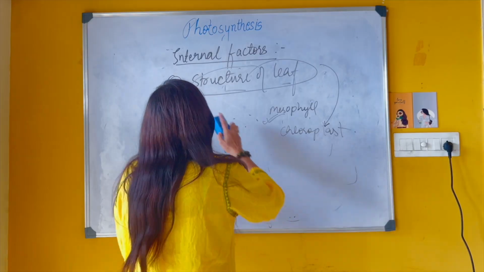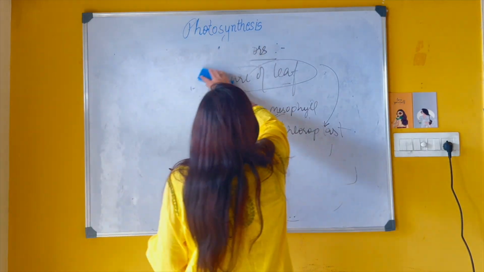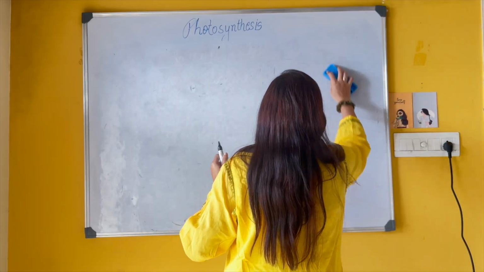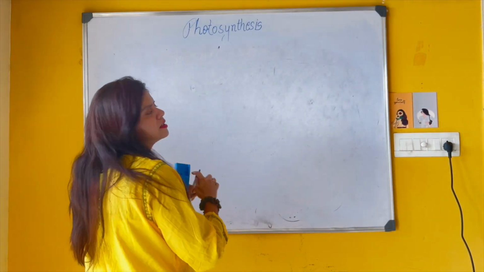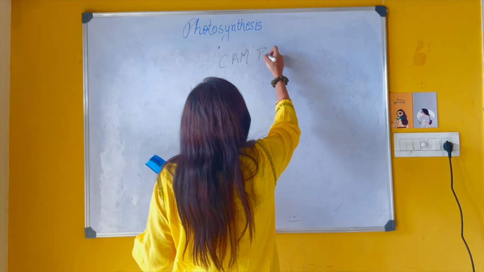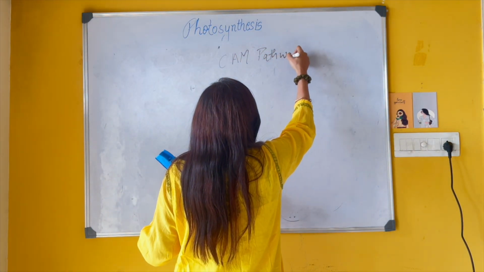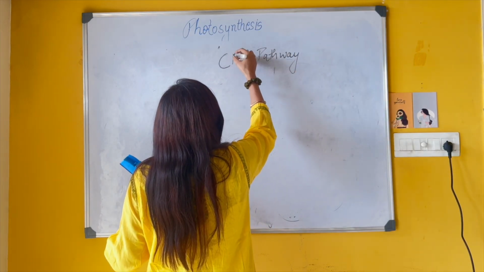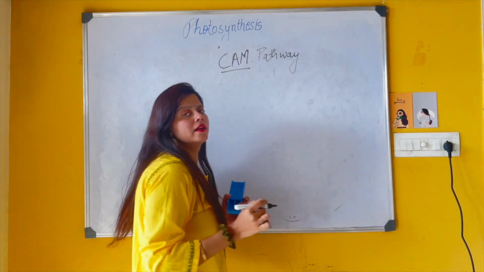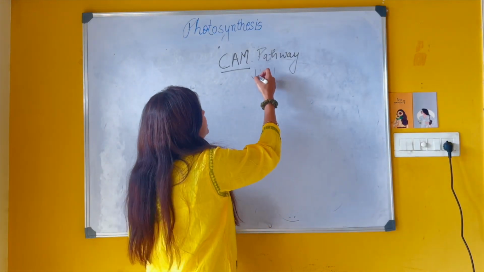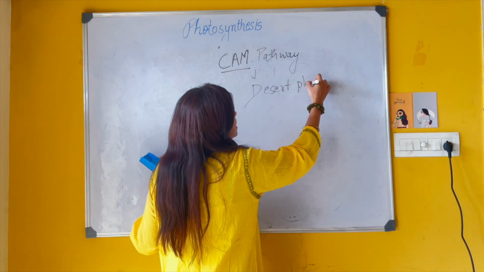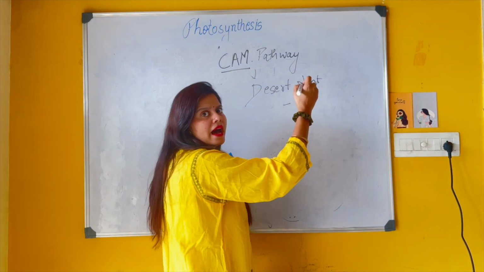Now, there is a topic which is given in a box in your textbook, in a blue box, where they're talking about CAM pathway. So what is CAM pathway? CAM pathway is seen in desert plants, mainly in desert plants and plants like tulsi, neem, aloe vera.